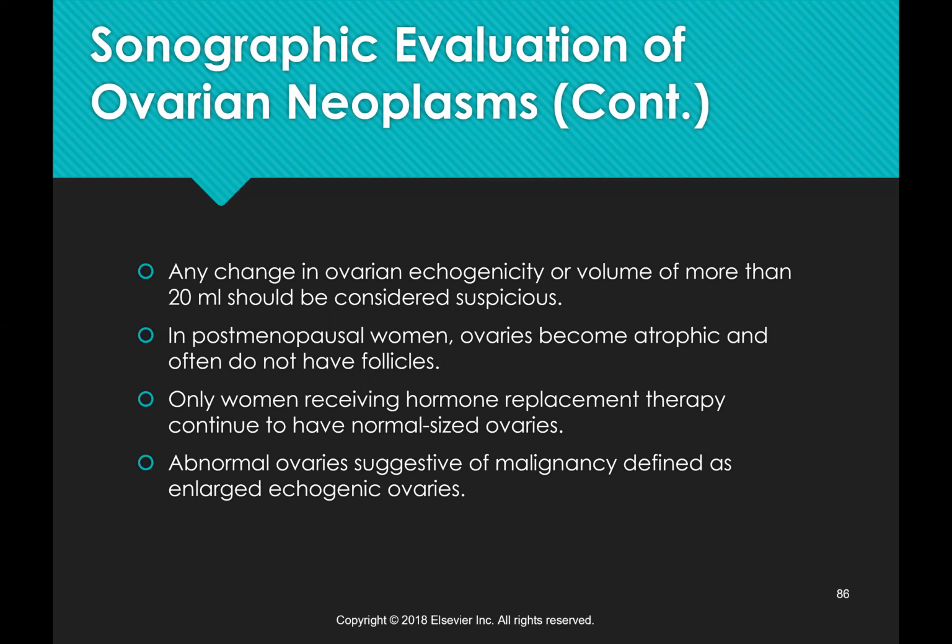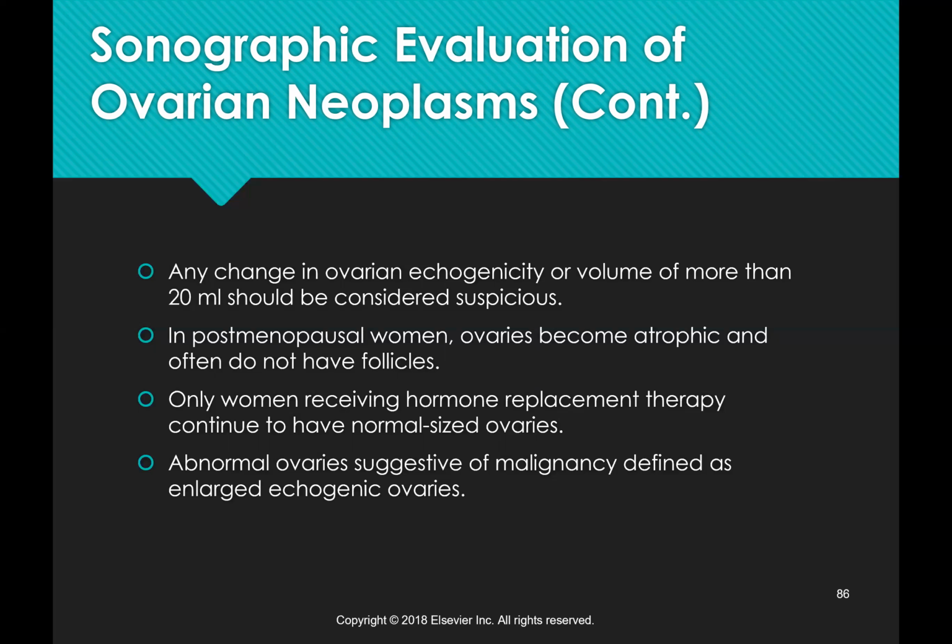Another thing: let's say one ovary has a volume of 9 mLs, which is a pretty normal standard ovary, like your right ovary, but the left ovary is 40 mLs. That could be suspicious that something is going on with that ovary, like it could be malignant.